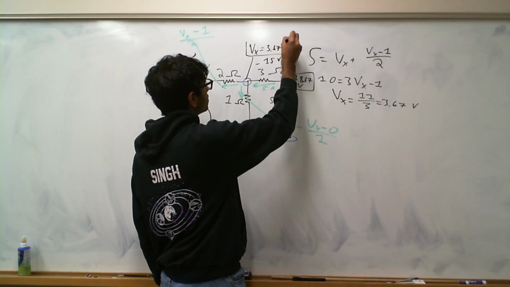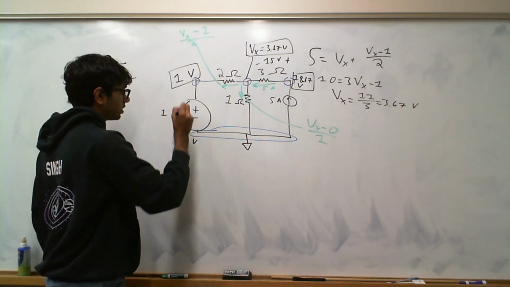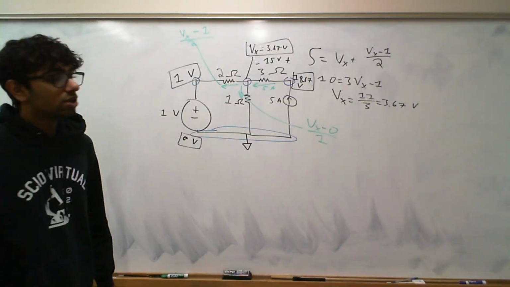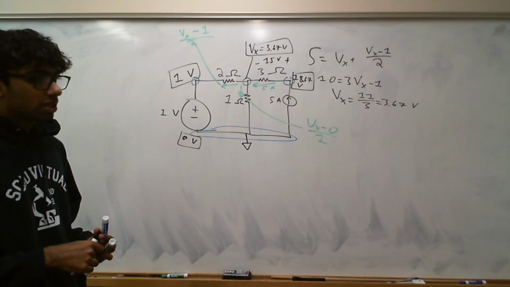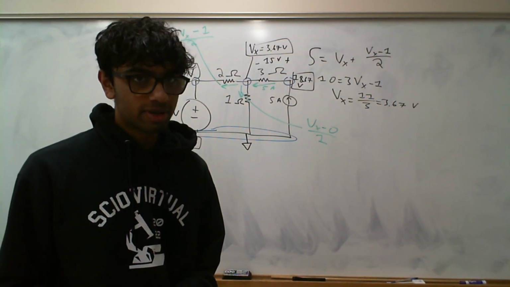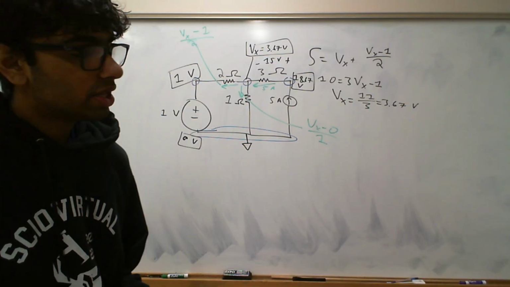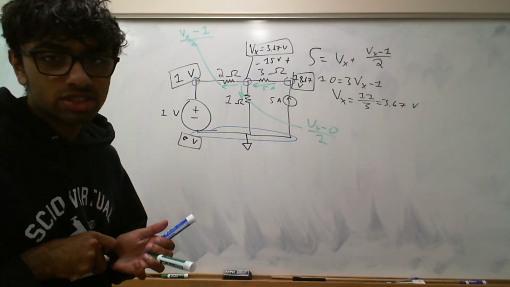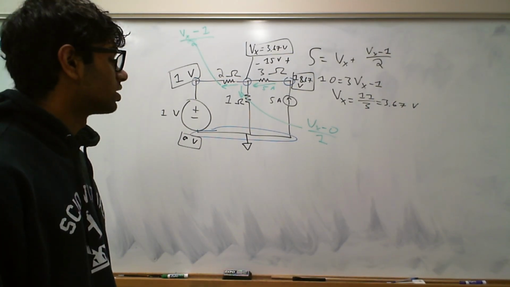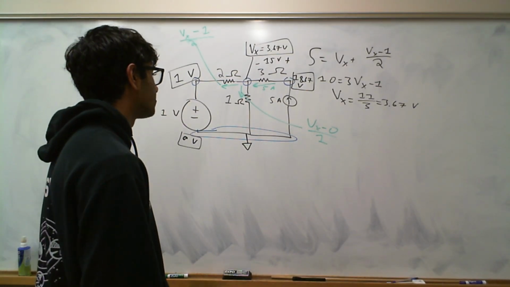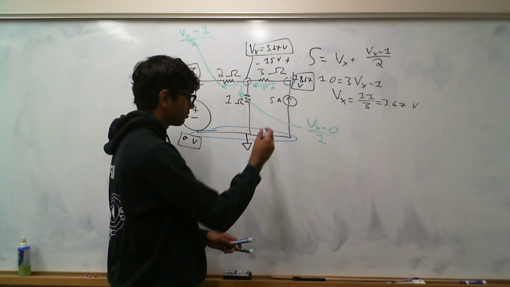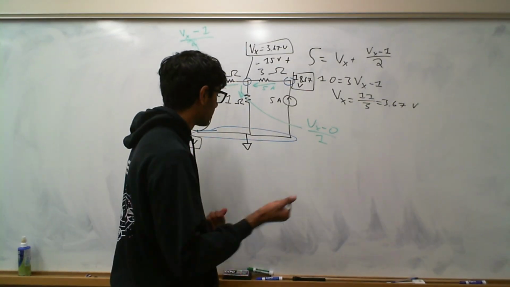There's another node voltage. There's another node voltage. And there's our last node voltage. Now, finally, for the power dissipated by the circuit, what you're going to do is just add up all the contributions from all the batteries and take the negative of that. So, 5 amps, remember, P equals IV, right?